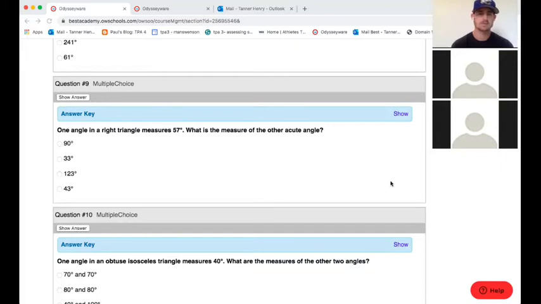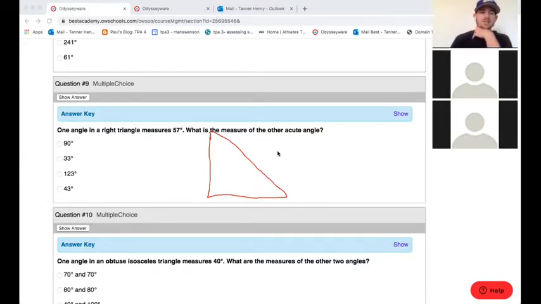I know that does not equal 180, and then 57 plus 33 doesn't equal 180, and then 123 plus 57 could potentially. So I did some mental math: 2 plus 5 equals 7, but then I did 3 plus 7, which equals 10. So I just added on to 180.